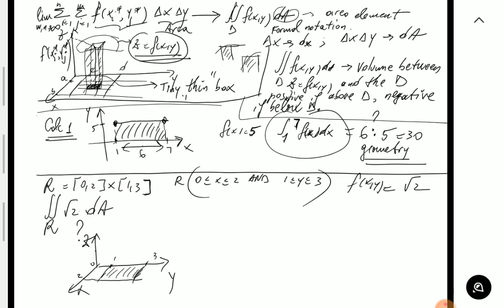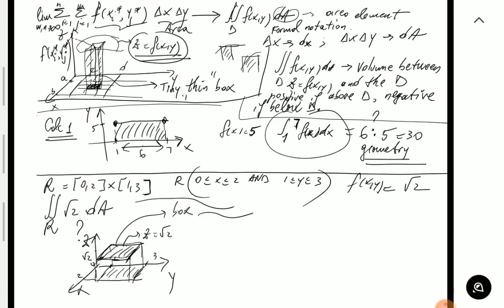That's the key thing. If I were to sketch z equals square root of 2 as a function of x and y, it's going to be over a plane parallel to the xy-plane at the level root 2. Bottom line, this is actually just a box. So the region below f of x,y and the xy-plane is just a box, and the double integral can be computed using geometry.